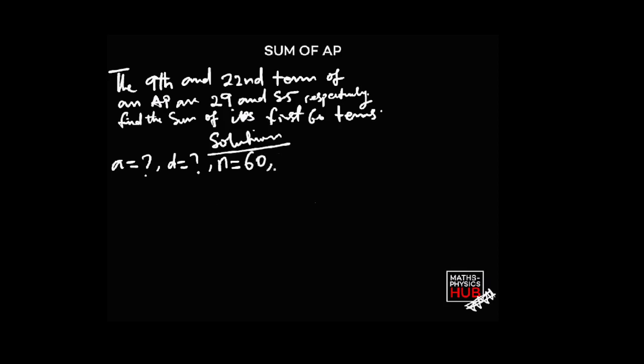Now, what do they give us in the question? They give us T9, which is 29. They also give us T22, which is 55. Now, how can we find the unknowns?